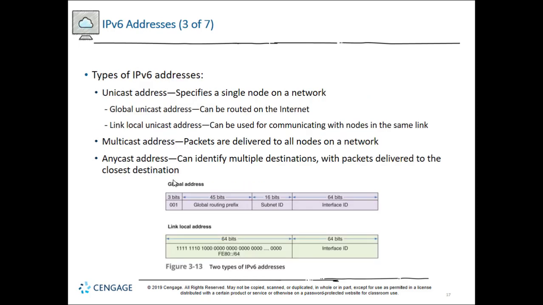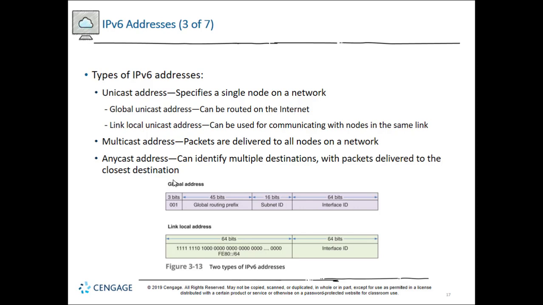It's easy enough, right? A unicast address is that address that just goes to one individual. Global unicast is an address that is specific to another node on the internet. It can be routable. It's routed. If it goes across a router and out to the World Wide Web, it's routed. Your link local is the address that is specific on your individual network.